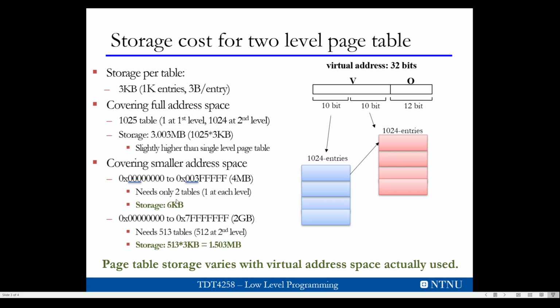As our requirements grow, our cost grows. So the cost is proportional to the usage, whereas in the single level page tables, the cost was always fixed irrespective of how much exactly we use. So for applications that have only small virtual address space requirements, we gain a lot by going from 1 level page table to 2 levels of page tables.